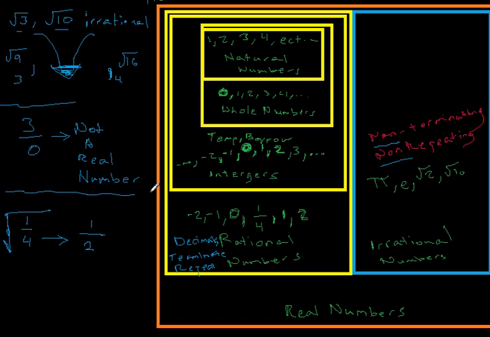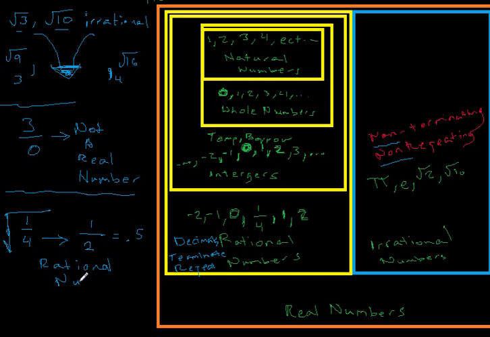That is a fraction, and it is a terminating decimal because it equals 0.5. Therefore, it is a rational number.